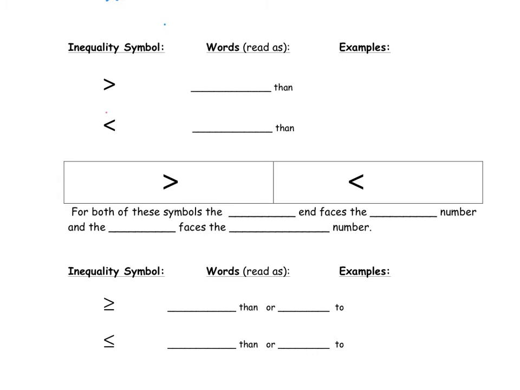So here are two basic inequality symbols. And when we talk about how to read them, often it's confusing because they look similar. They just point in different directions. When we read them, we read from left to right. So when we look at this symbol, we see the open end, the larger end first. So this is referred to as the greater than symbol.